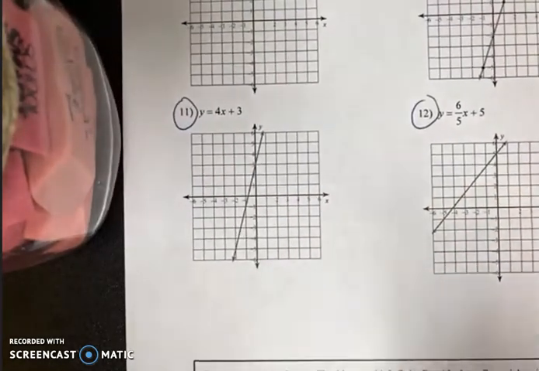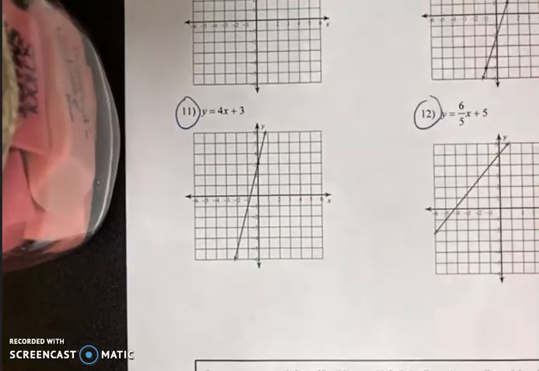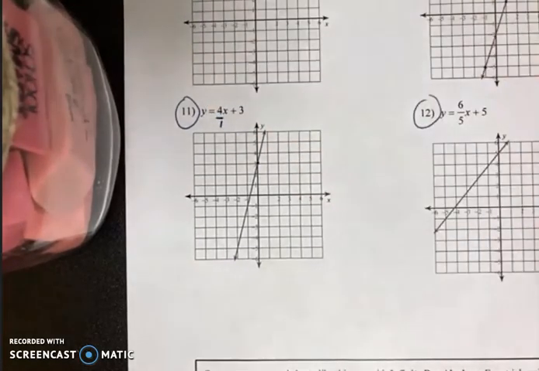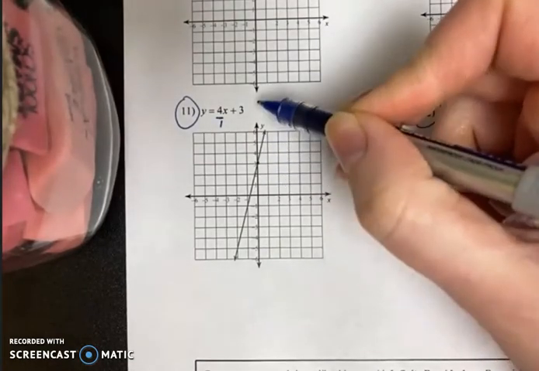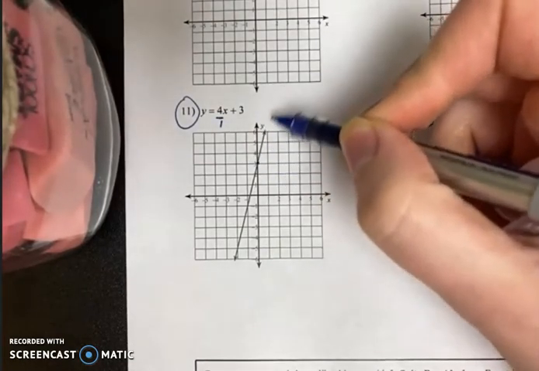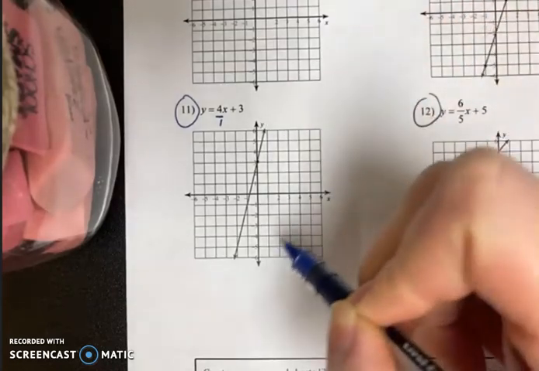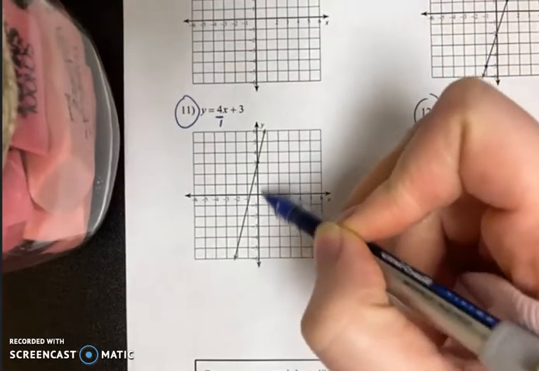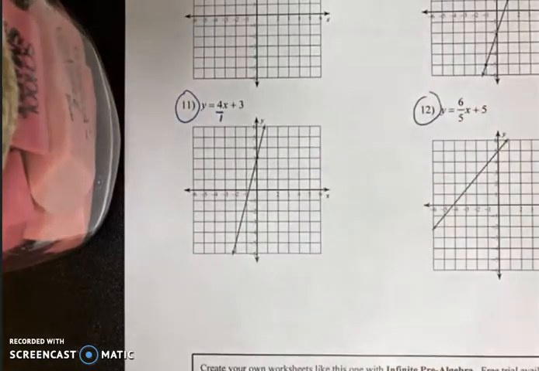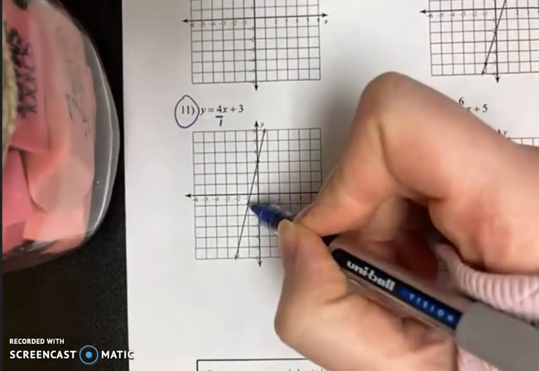Number 11, the y-intercept was 3. Once again, we had a whole number for the slope, so it's technically over 1, meaning you should have moved up 4, right 1, which does slightly go off our coordinate plane, or you could have moved down 4 and then left 1, which would give me this point right here.